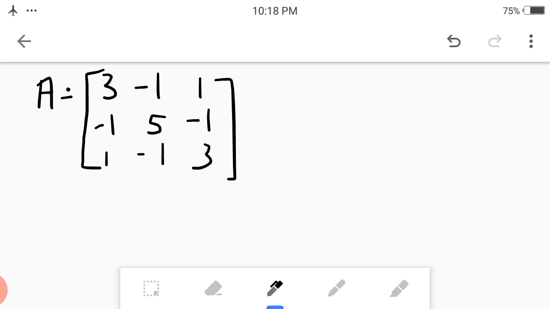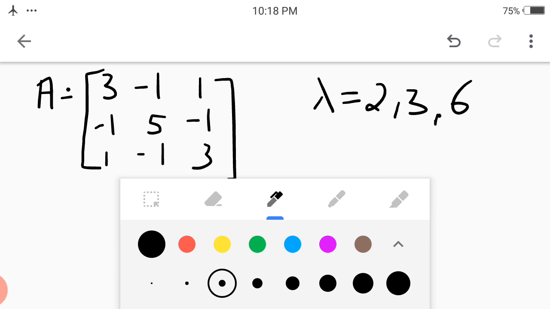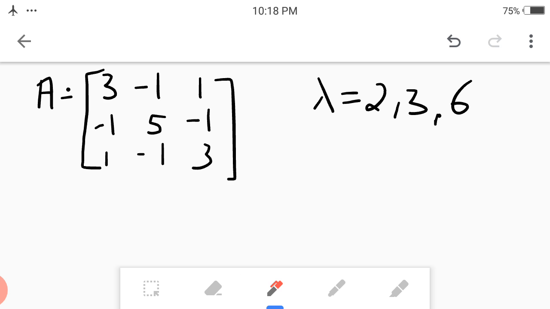So what are the lambda values you get after solving this? I want you all to try out. Okay, I will just tell you 2, 3 and 6. You can observe they're all positive. Now what about the pivots?